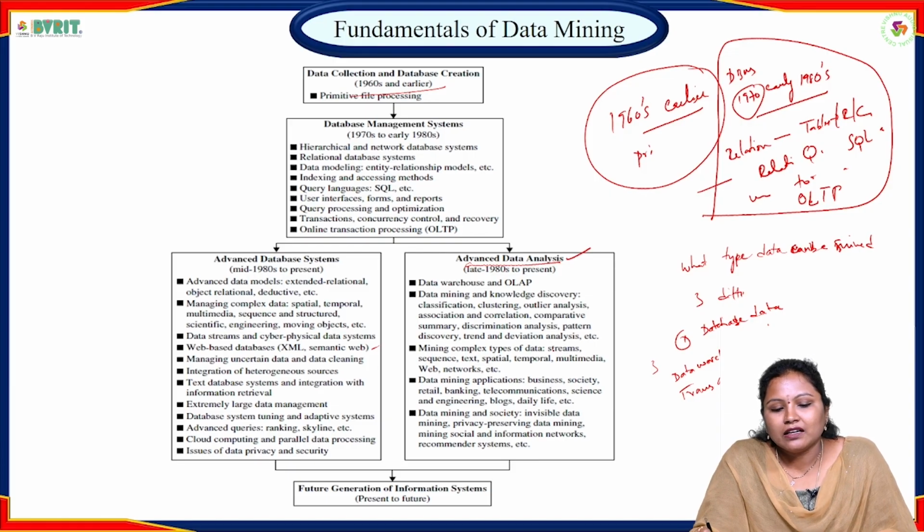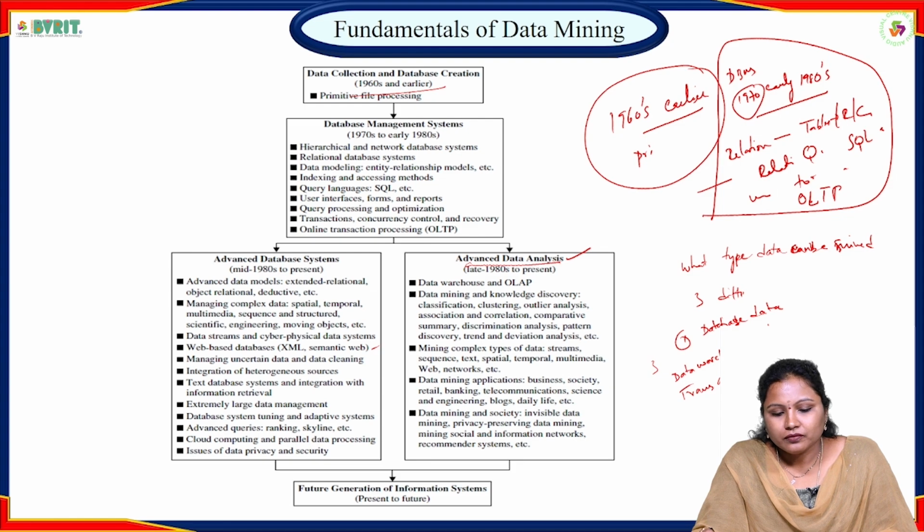These are the different techniques which we use, like classification, clustering, outlier analysis, association rules, correlation, comparative, summary, discriminative analysis, etc. And according to trend and deviation, trend and deviation analysis also. According to the patterns, we mine the data from the late 80s to present.